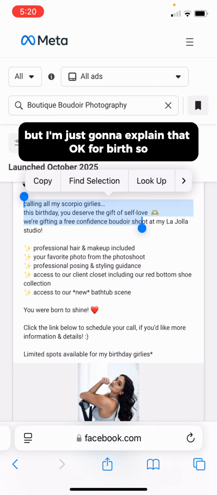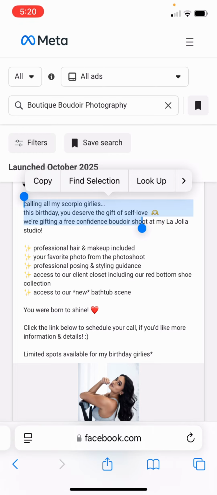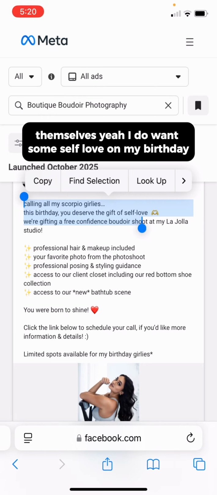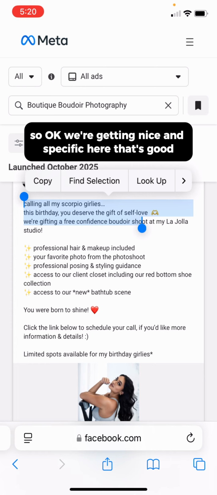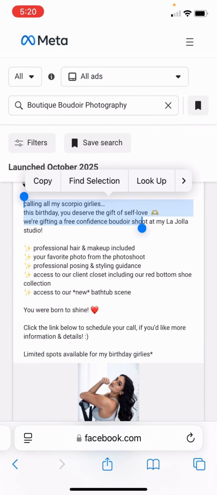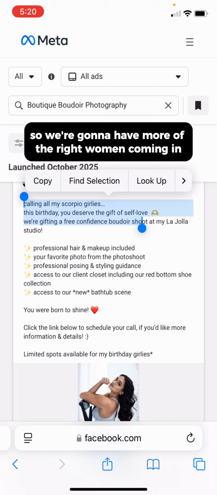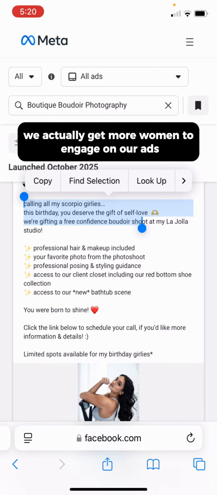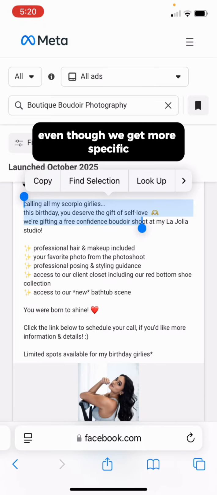Okay, for birth, so Scorpios, they're saying to themselves, I do want some self-love on my birthday. So, okay, you're getting nice and specific here. That's good. So we're going to have more of the right women coming in, and honestly, as we get more specific for the first 2 or 3 specific attributes, we actually get more women to engage on our ads, even though we get more specific.